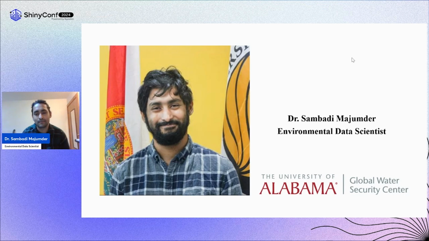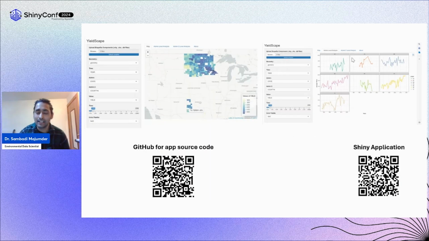So oftentimes we like to visualize our data, and it helps us understand the insights that are in those data sets. And to make that visualization happen quickly and to facilitate that, I actually made a Shiny app that is designed to visualize agricultural data.